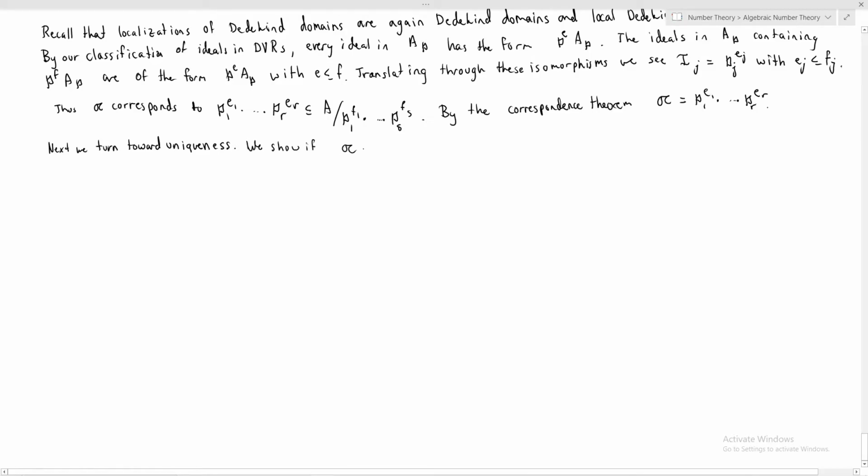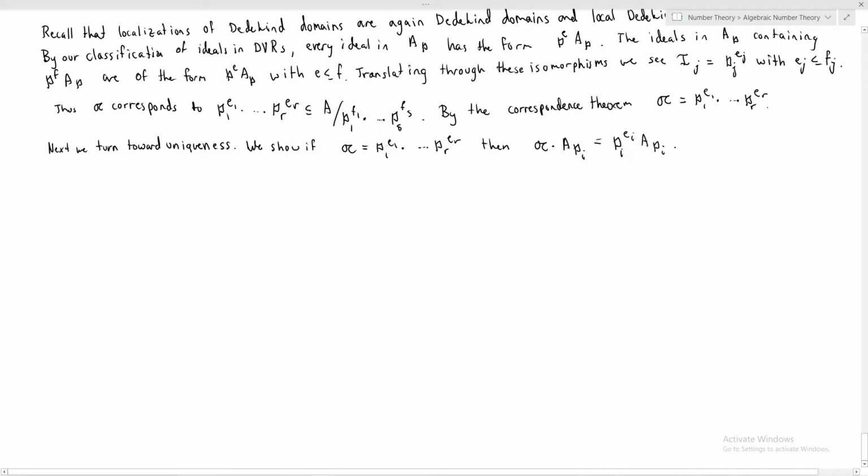if A equals P1 to the E1 through PR to the ER, then A times A sub i, the ideal generated by A in the ith localization, is going to be Pi to the Ei A sub P. Okay, and this suffices to prove this because this tells me that from A I can determine all these powers.